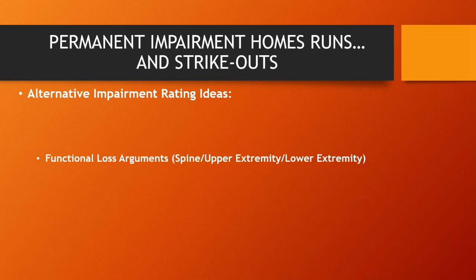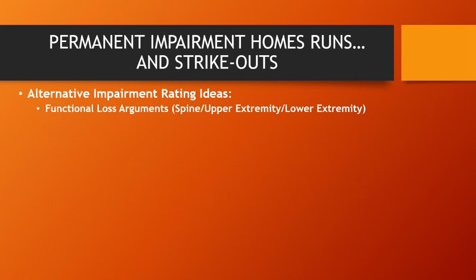And these are some ideas throughout the four corners of the AMA guides that you can use when you determine that the strict application of the AMA guides is not an accurate description of your examinee's true limitations to activities of daily living. So we won't describe or detail each of these, but let me simply give you a list.